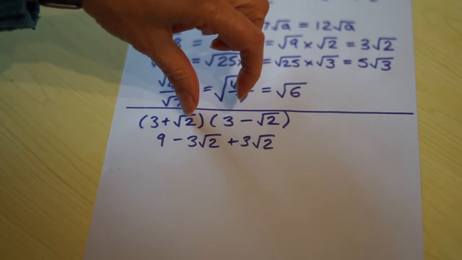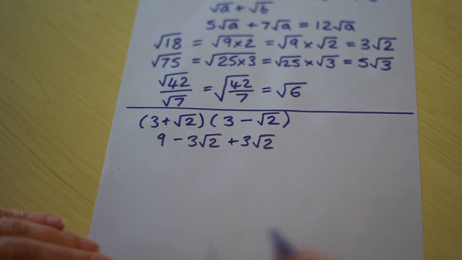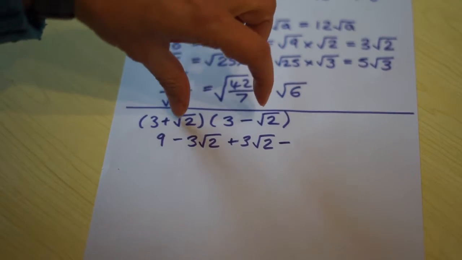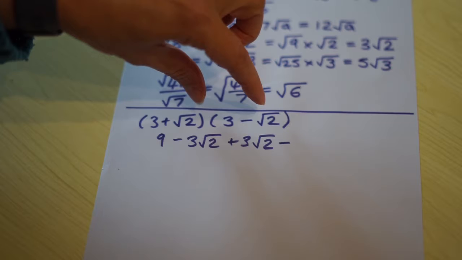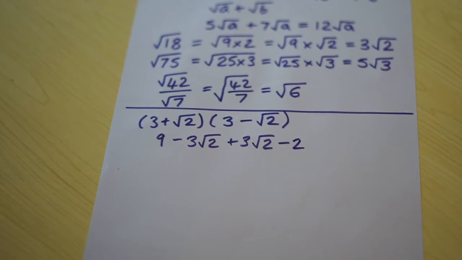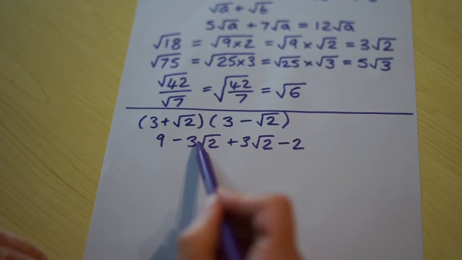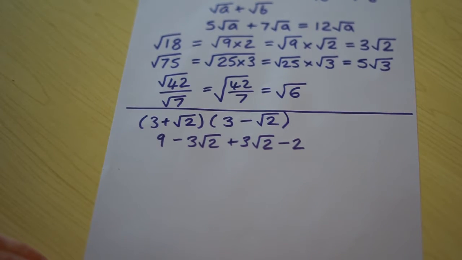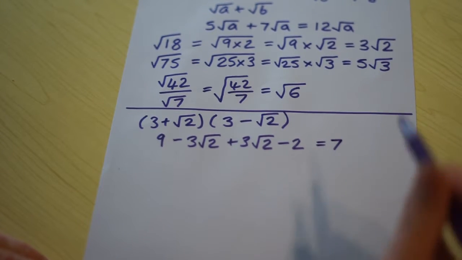And then root 2 multiplied by minus root 2 is minus root 4, which is minus 2. So we can see that the surd terms cancel out, and we're just left with 9 take away 2, which is 7.